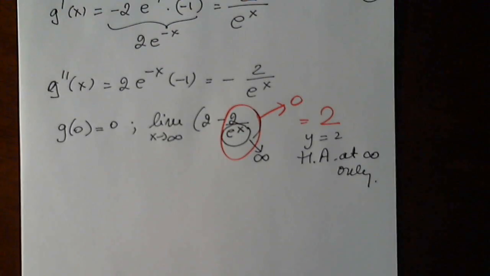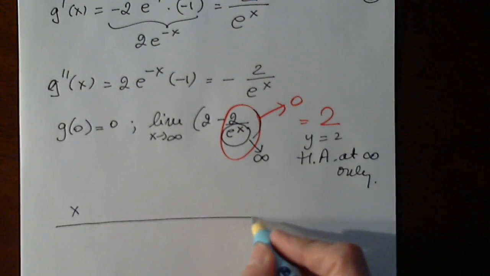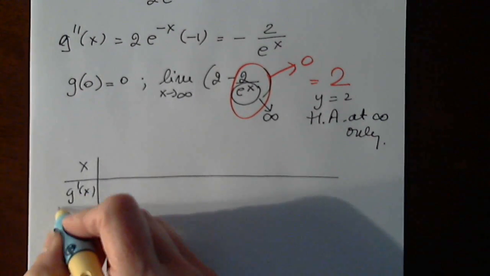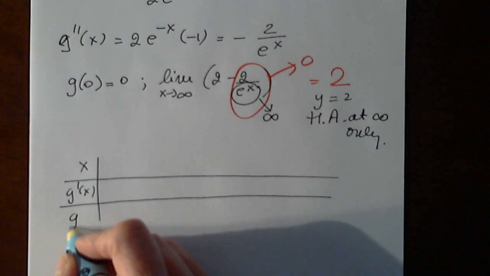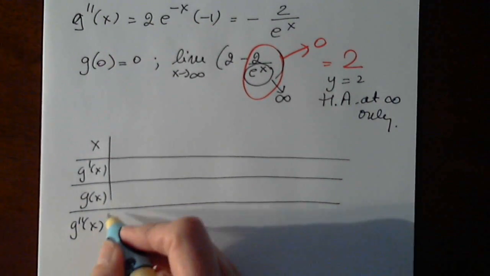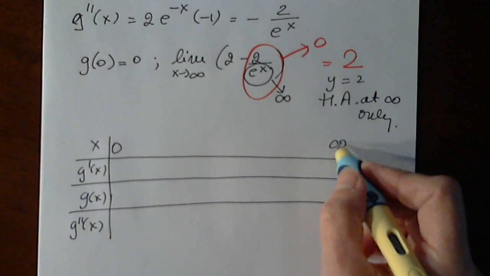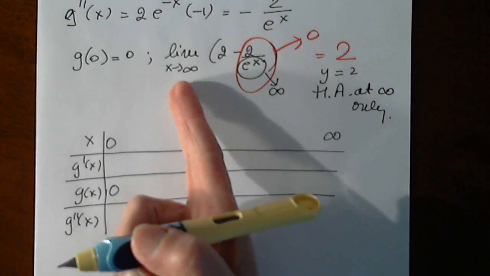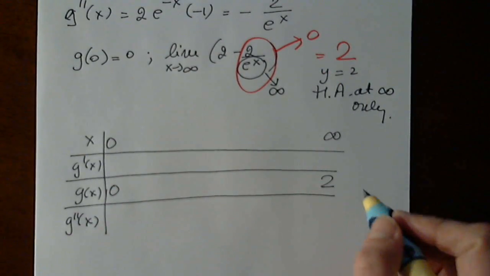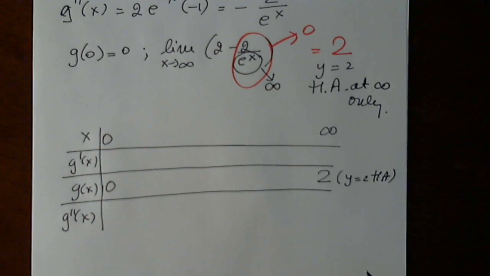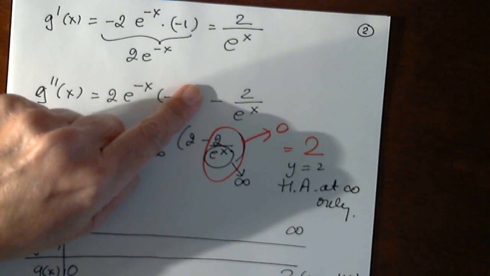I'm ready to create my chart. So this is g prime, this is g of x, and this is the second derivative, 0 to infinity. g of 0 is 0. The limit at infinity is 2. So y equals 2 is a horizontal asymptote. I'm looking at the first derivative.